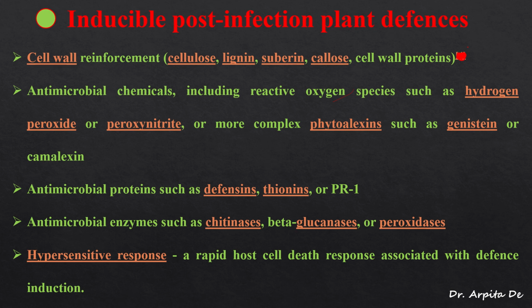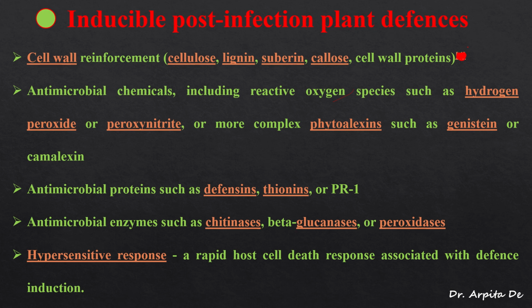Antimicrobial chemicals including reactive oxygen species, ROS molecules like hydrogen peroxide or peroxynitrite, or more complex phytoalexins such as glyceollin or camalexin. These generally come after the infection occurs.